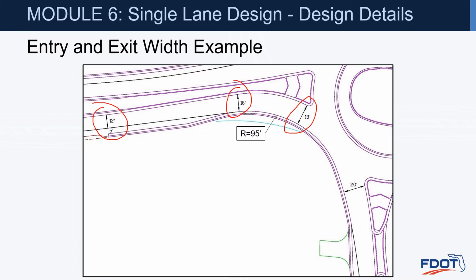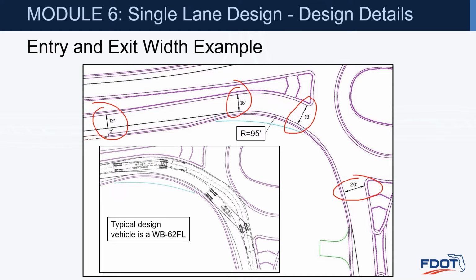Have a little extra width in the circulatory roadway, and then 20 feet out on the exit. Now this one was designed for a WB67, so a little bit larger design vehicle, knowing that the WB62FL is the standard. But this is a good example of just showing the widening as you're approaching the roundabout, and then the tapering back down as you exit out of the roundabout.